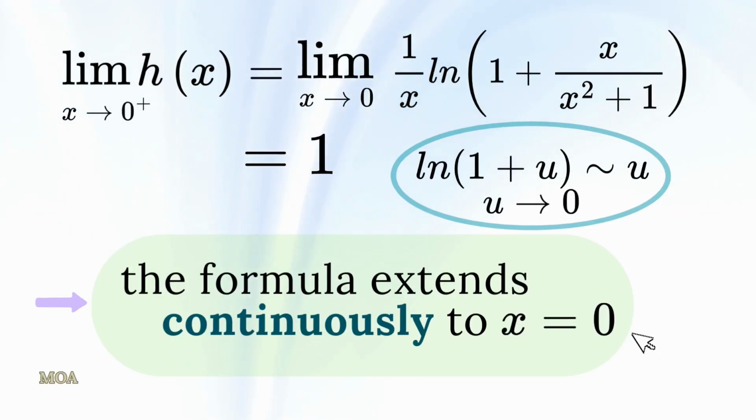Thus, the limit as x tends to 0 from the right of h of x is 1. This means h of x has a removable discontinuity at x equals 0, and the function extends continuously to x equals 0 by defining its value there as 1.